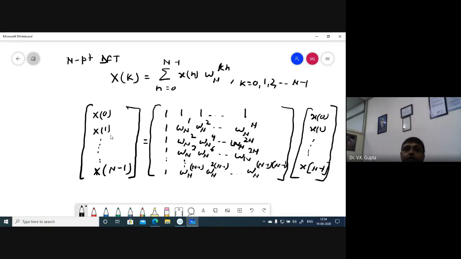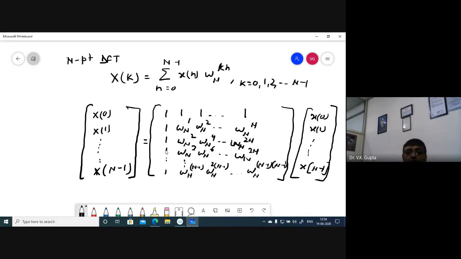This is in general. For N-point DFT, we can calculate the DFT points by this formula. In the first row, 1, 1, 1, 1. Then in the second row, 1, W_N^1, W_N^2 up to W_N^N. Then the third row, W_N^2, 4, 6 up to 2N.